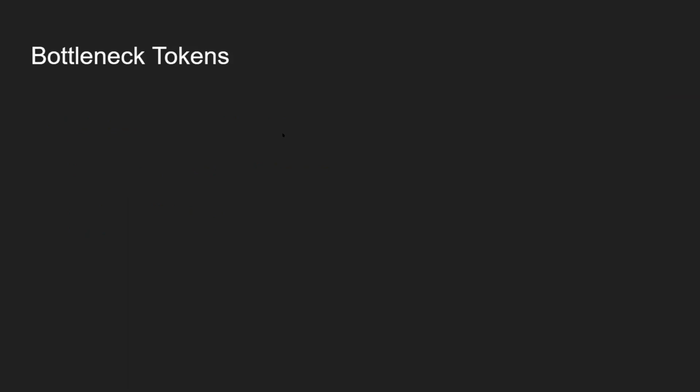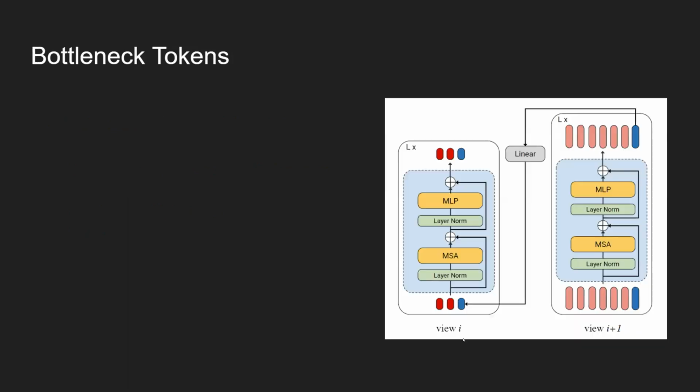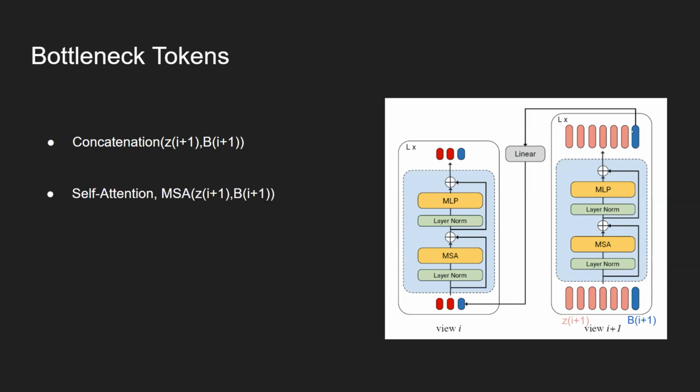In bottleneck tokens also, we arrange the views in increasing order, and we exchange the information between the adjacent pairs. What is different is that they have initialized a bottleneck token called Bi+1, and they have concatenated it with the input of this view I+1, that is Zi+1. After concatenation, we'll apply self-attention and then pass it to the MLP head, and we'll get the tubelets out of that. In these tubelets, we'll be having the bottleneck tokens.